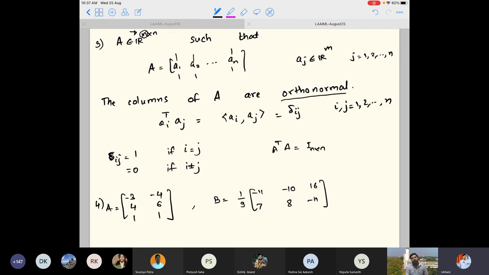Is B a left inverse of A? Can you quickly check that? Yes, sir, it is. Can you give me one more matrix which will be a left inverse of A, not equal to B?